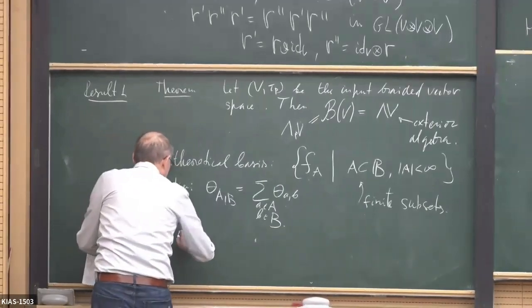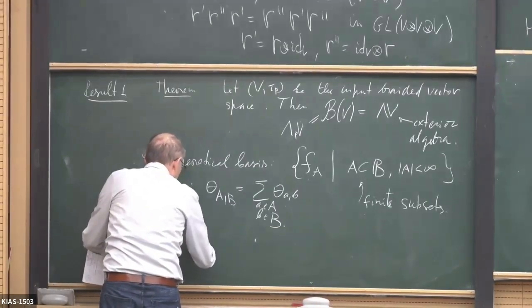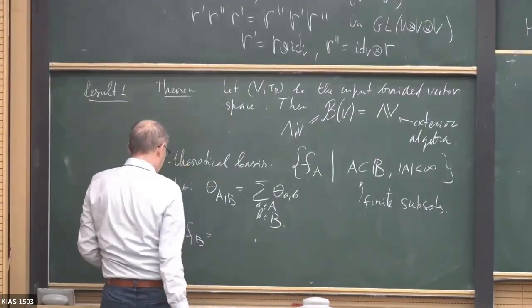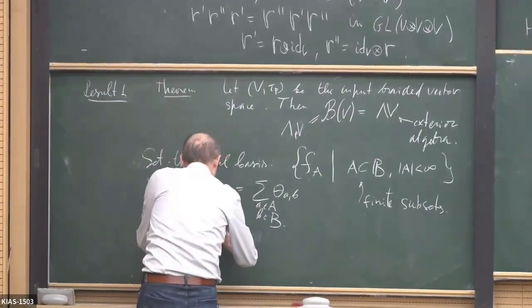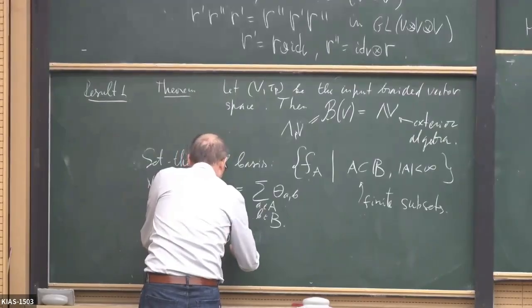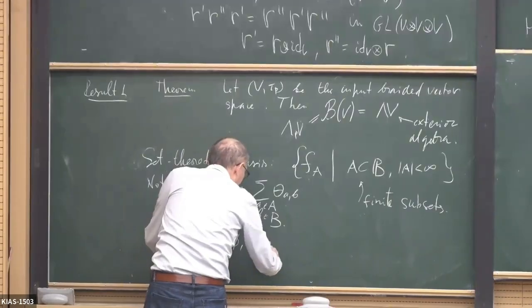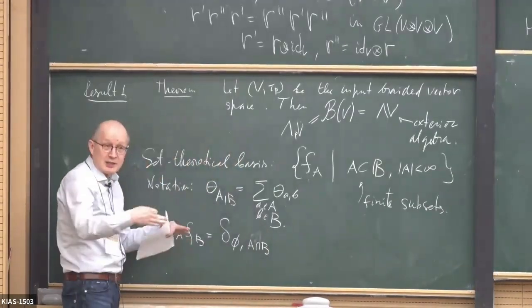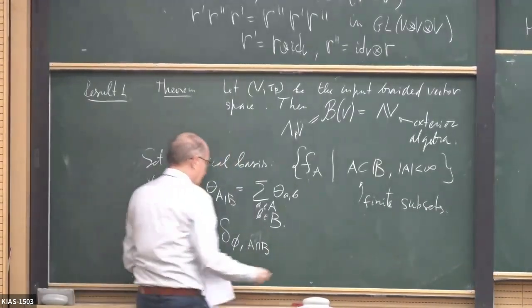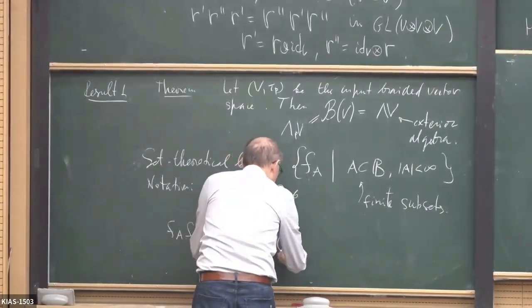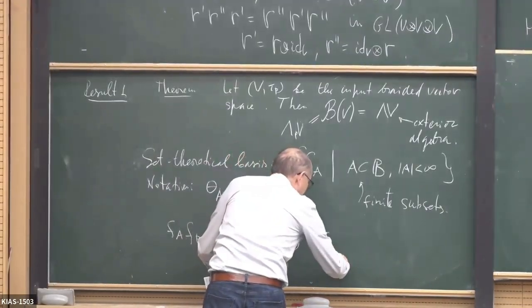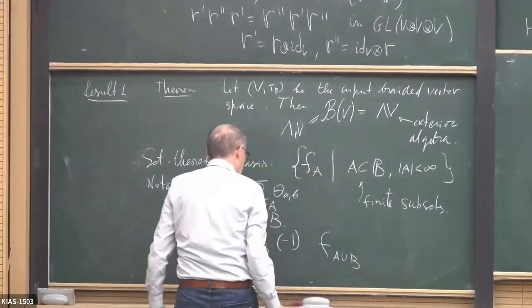So of course, the exterior product now becomes delta of A intersect B equal to empty. So it is non-zero only if the two sets do not intersect, and then it is, up to sign, the union of subsets. And what is the sign?